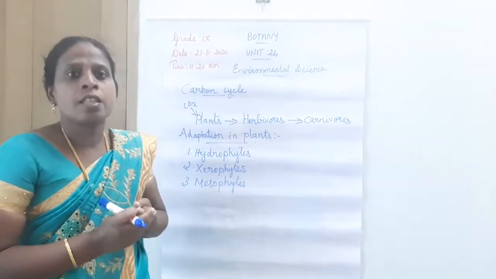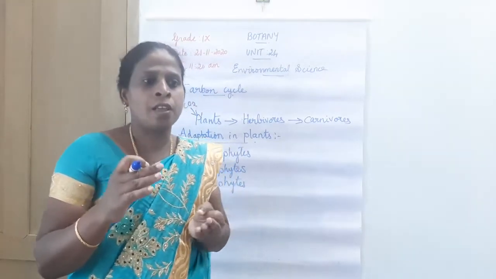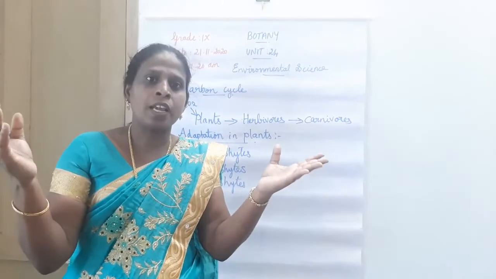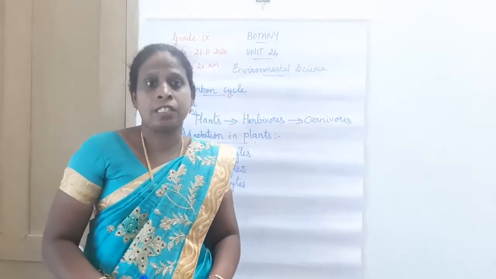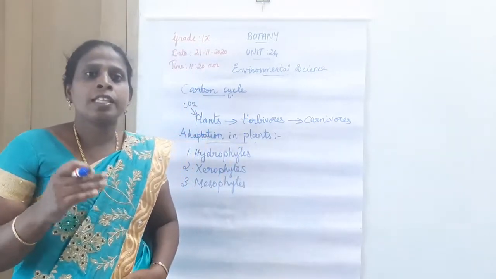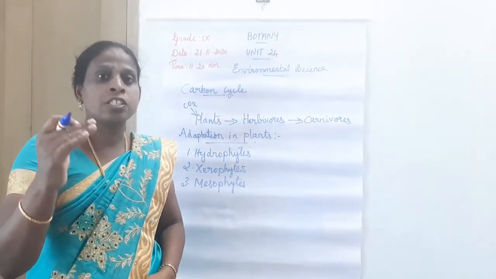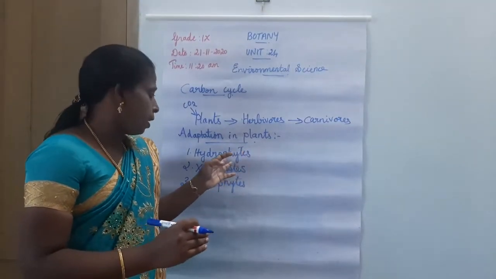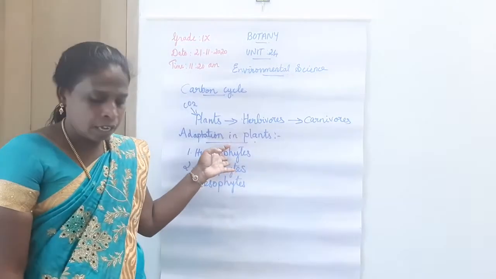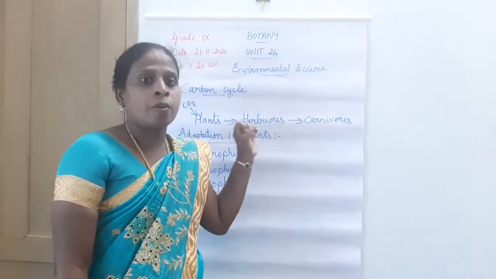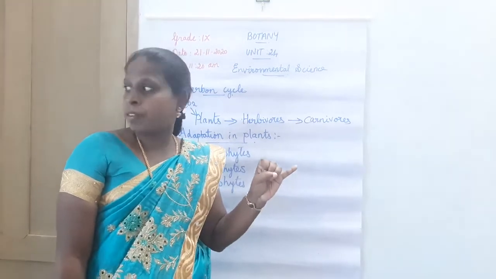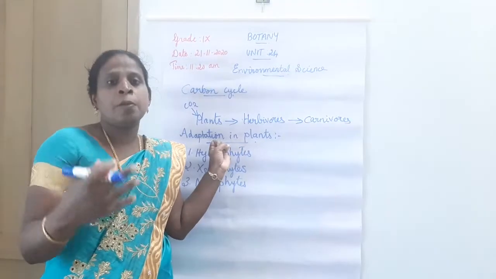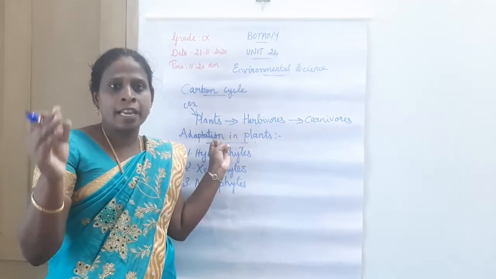The third one is the water level. In ponds and lakes, sometimes there is more water, sometimes the level of water decreases. So the water level changes often. These are the challenges faced by hydrophytes living in water. First, the availability of water is more than they need.